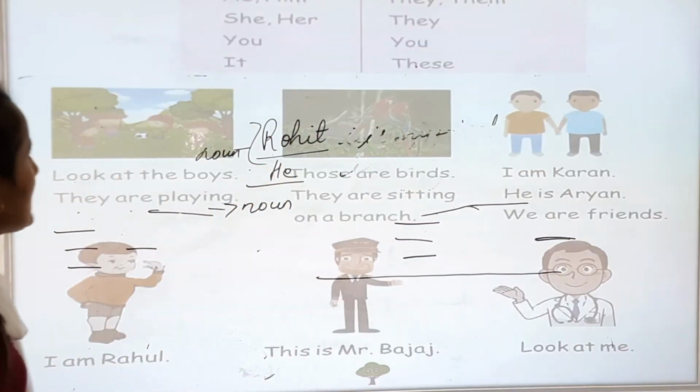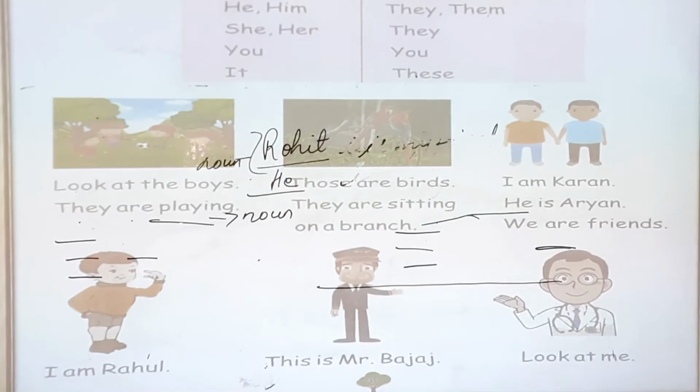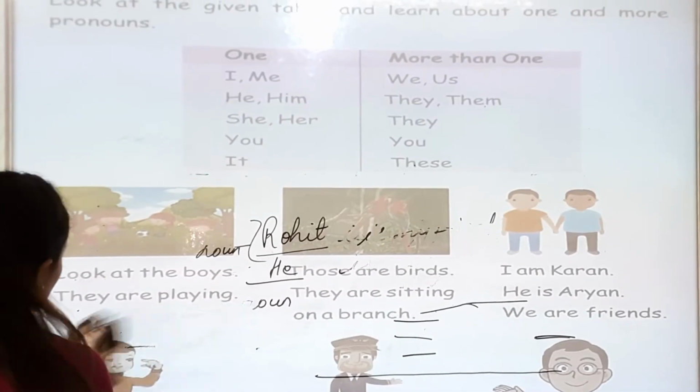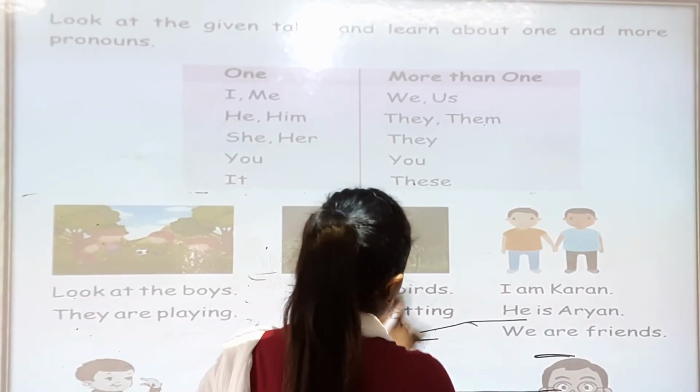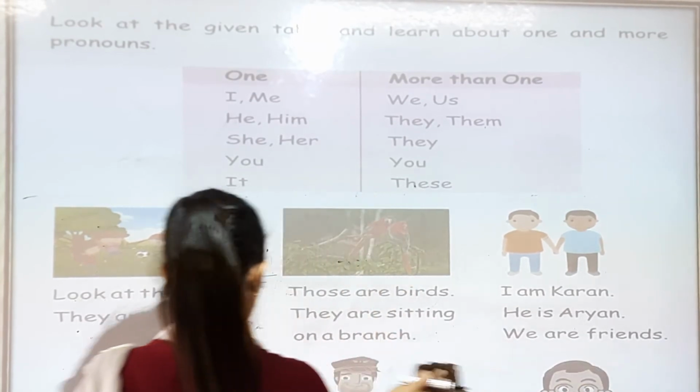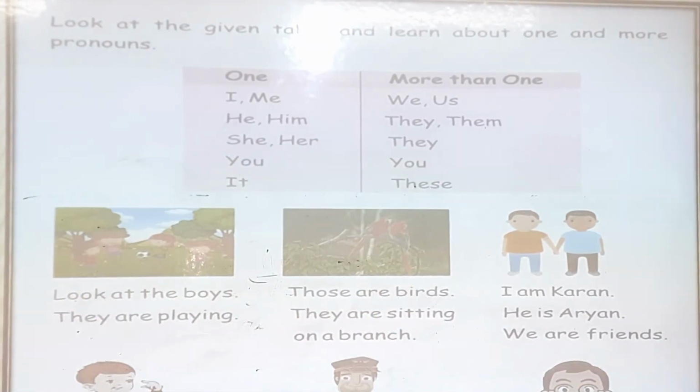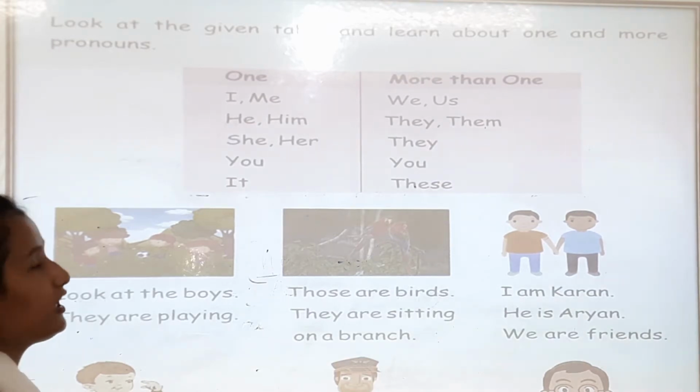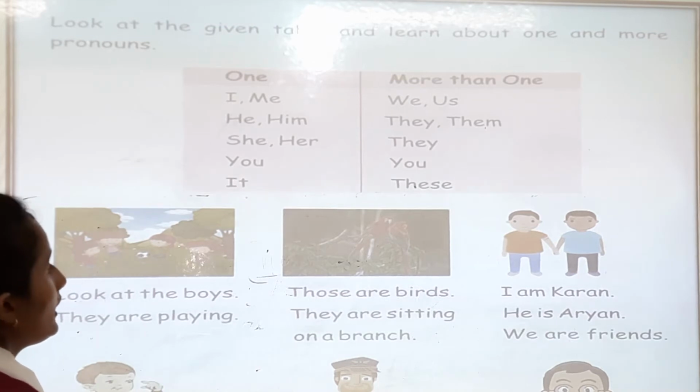So, you can see the examples. Look at the given table and learn about one and more pronoun. One means singular: I, me, he, him, she, her, you, it. And in a plural word, more than one: we, us, they, them, you, this.